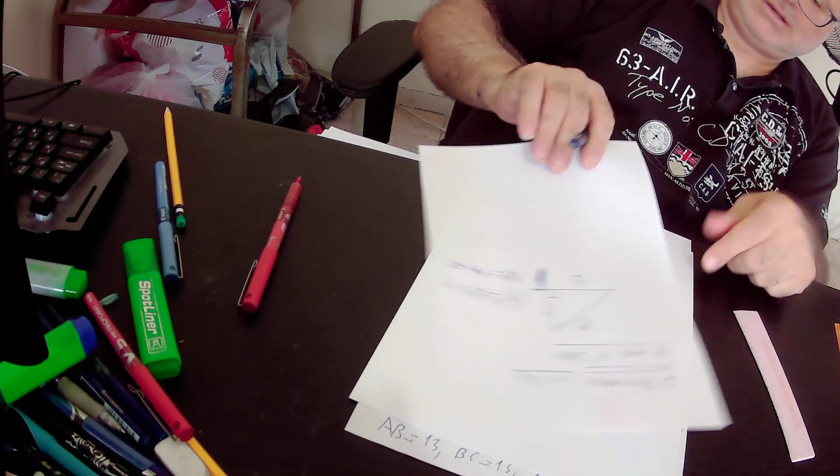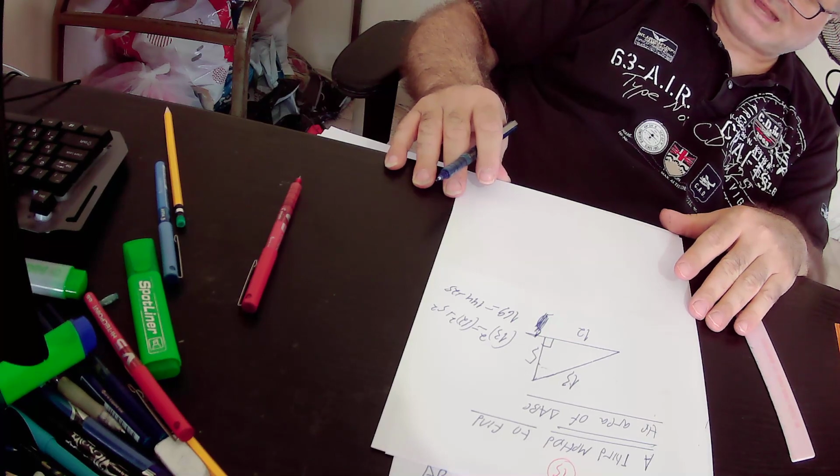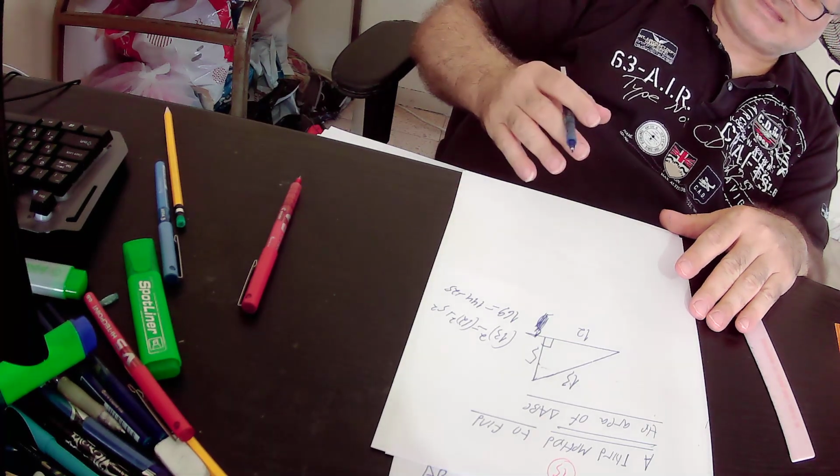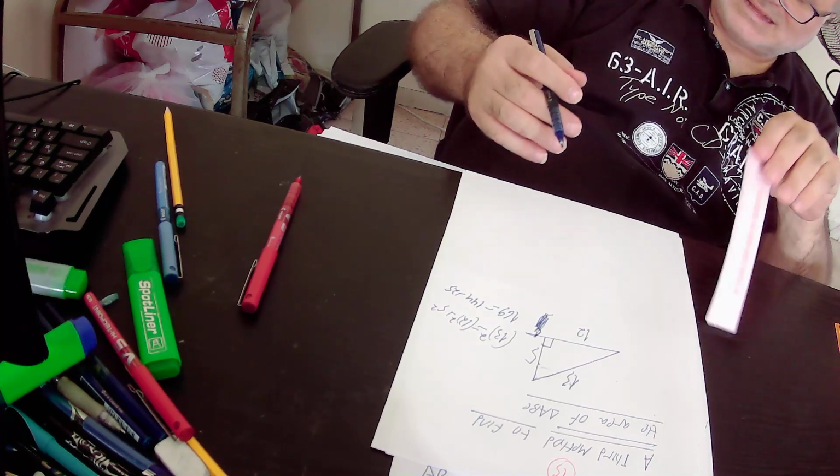First of all, I will draw the second part of triangle ABC after we divide it into two parts, or into two right triangles.